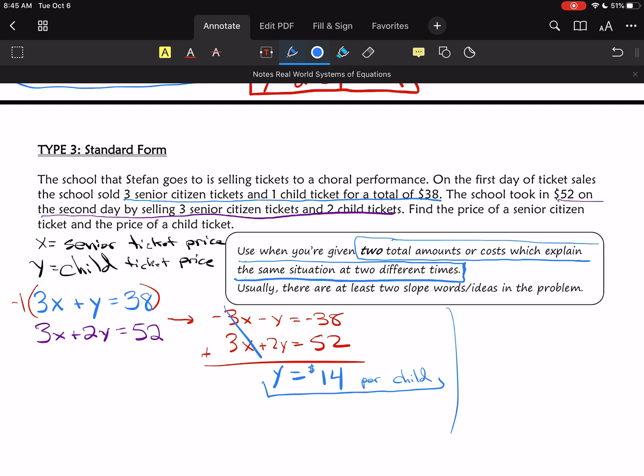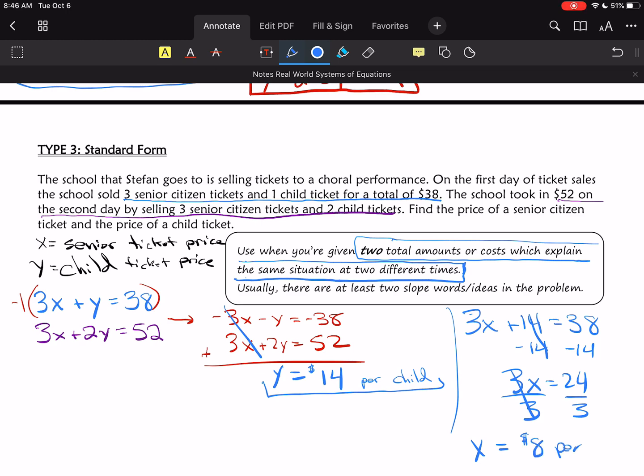Okay. Now that I have y, let's find x. So I'm going to plug into the original top equation. So 3x plus 14 equals 38. Subtract the 14. 3x equals 24, and then I divide. And I get x equals 8. So it's $8 per senior ticket.